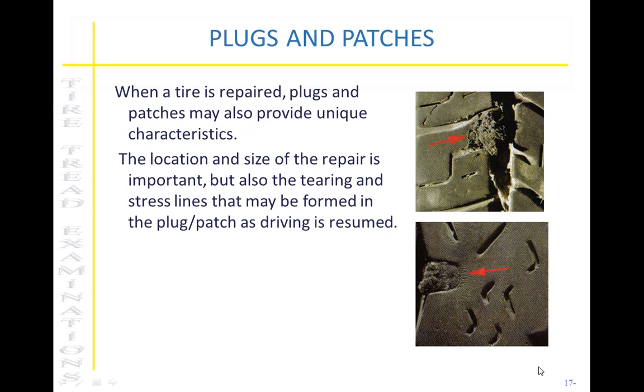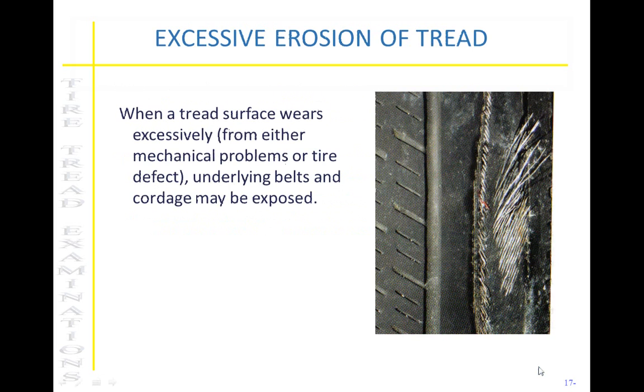Likewise, if nails or screws have caused the tire to have work done on it, any plugs or patches that may be visible may also create individual characteristics. And in some instances, there might be excessive erosion to the tread itself that might create individual characteristics.